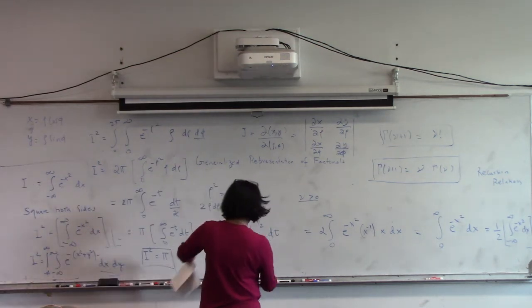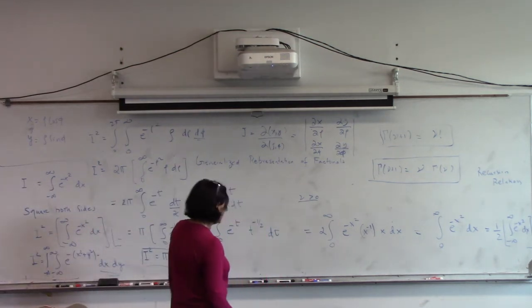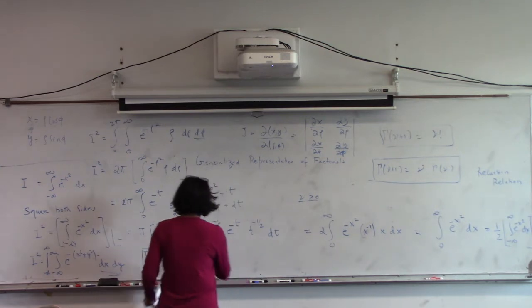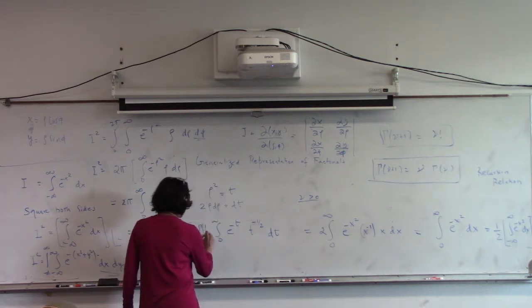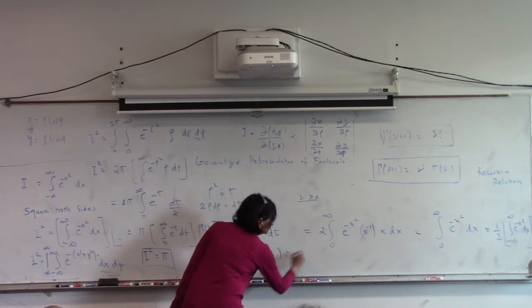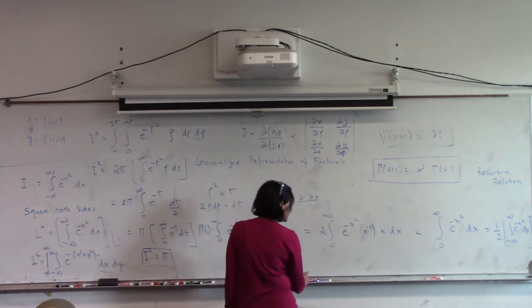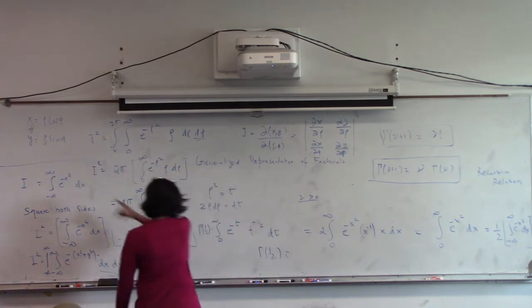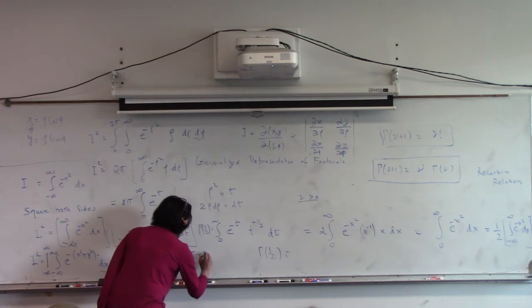So what we were trying to calculate is gamma of half, right? Okay, I erased it, sorry. So gamma of half is nothing but, we calculate that integral, I squared is pi, so I is square root of pi.